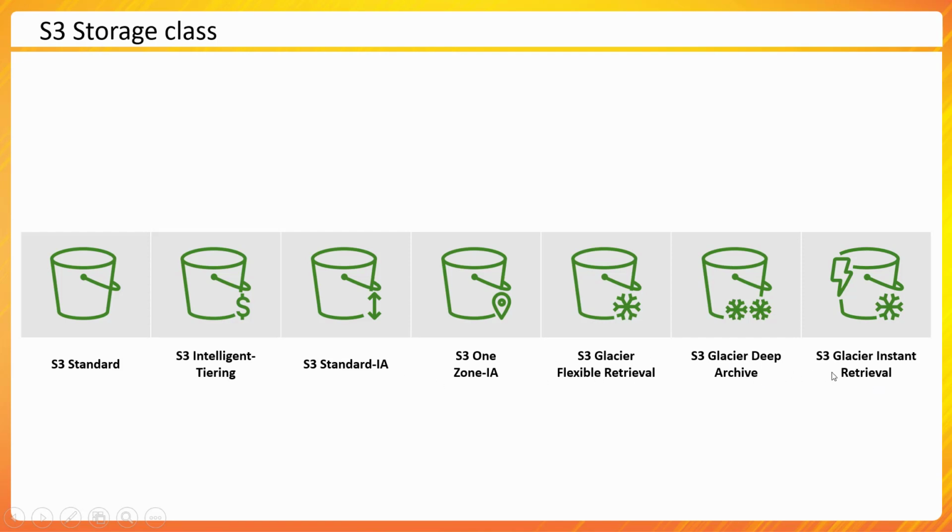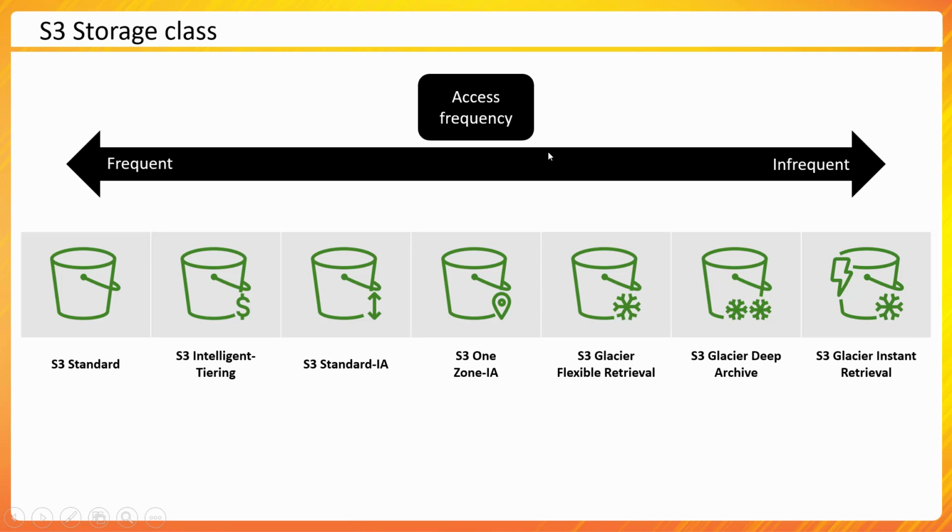These classes can be chosen based on your requirement of access. So if your access frequency is very high, you would be needing that data again and again, probably you should look for S3 Standard. But if you feel that, hey, I won't be needing this data again and again, probably you should be looking for a Glacier type of storage.